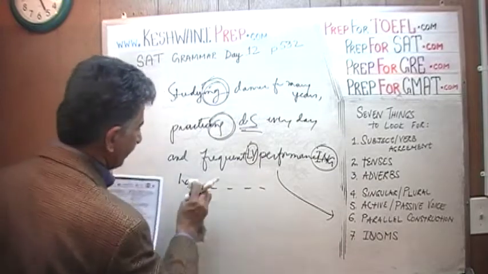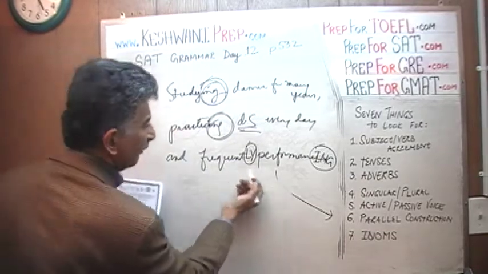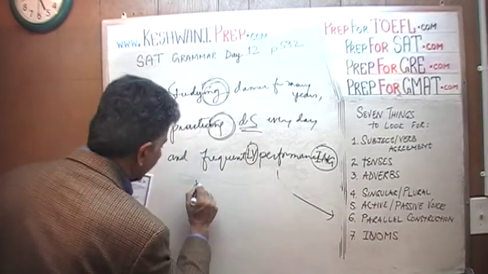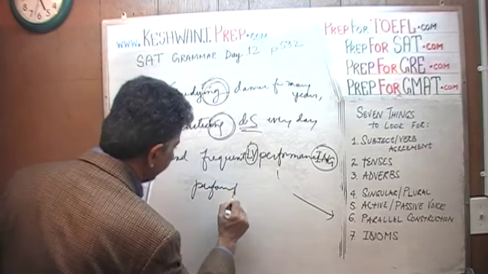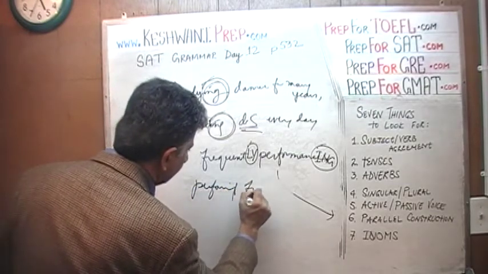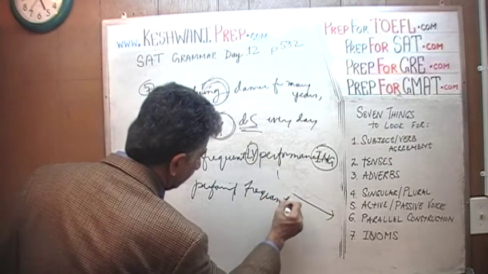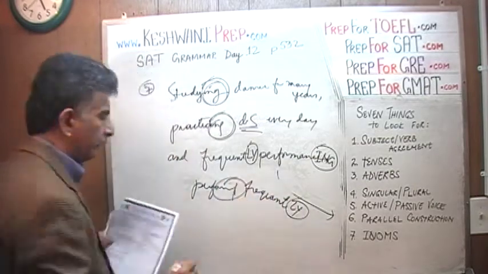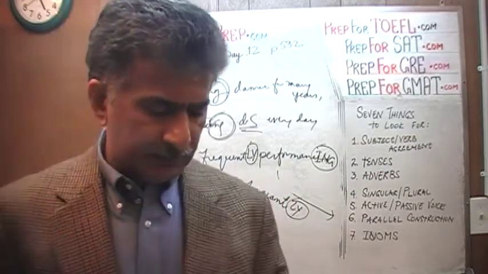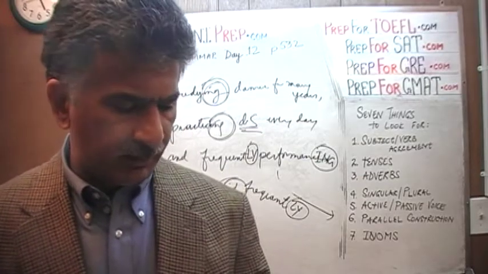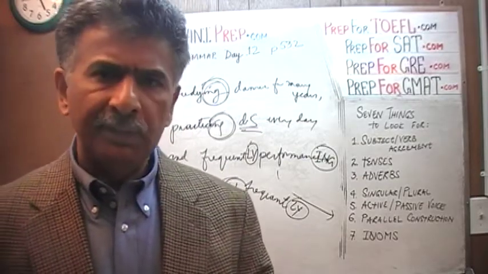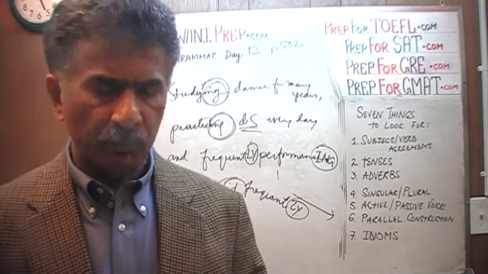The adverb has to go after that. So instead of frequent performances, it should say performing frequently. Performing frequently has enabled her to secure the leading role in the upcoming production.